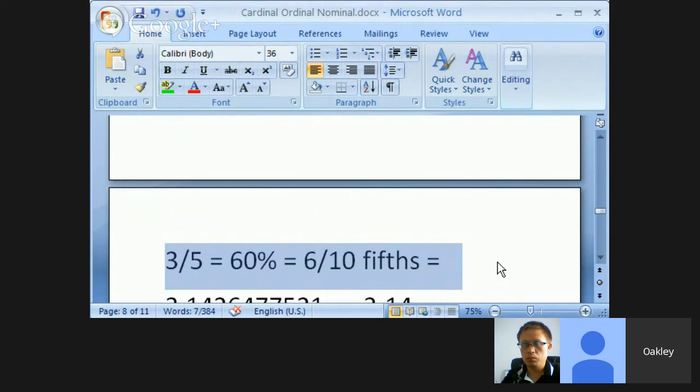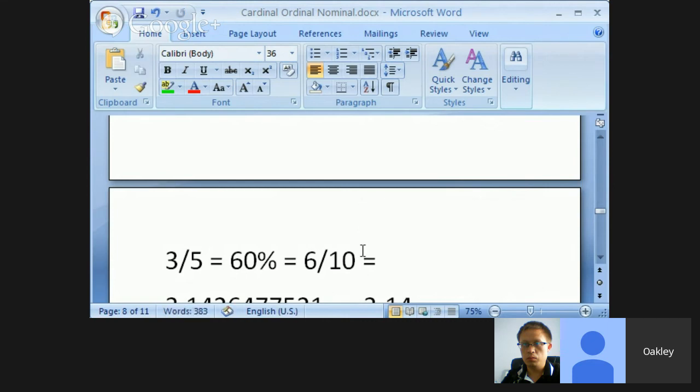3/5 equals 60%. Never mind this part. 6/10. All right.